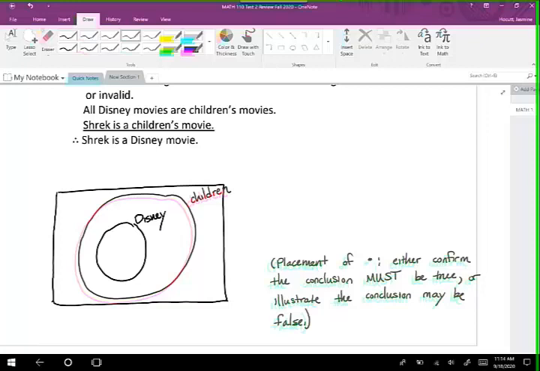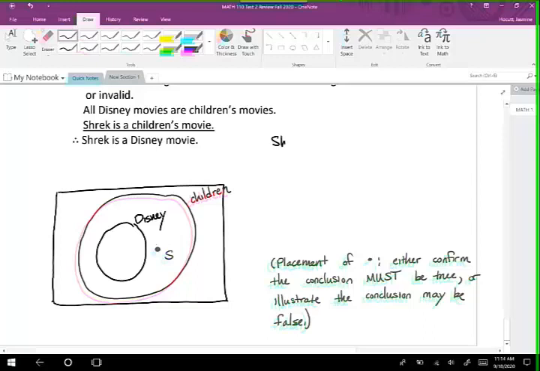Now, if Shrek is a children's movie, all we really know is that it has to be in the children's circle somewhere. But it does not have to be inside Disney. So Shrek can be out here somewhere. Okay, so Shrek is a children's movie, but that doesn't mean that it has to be inside the Disney circle.